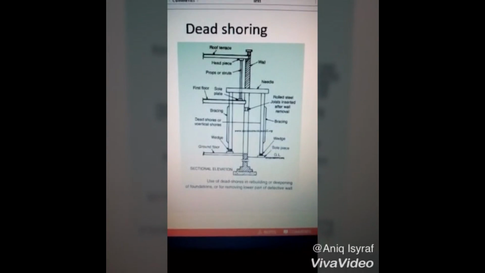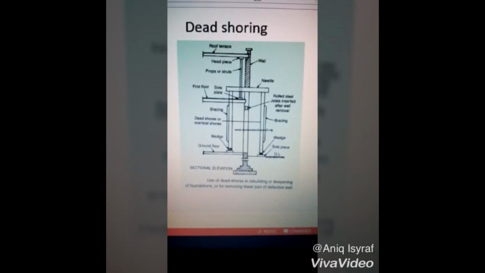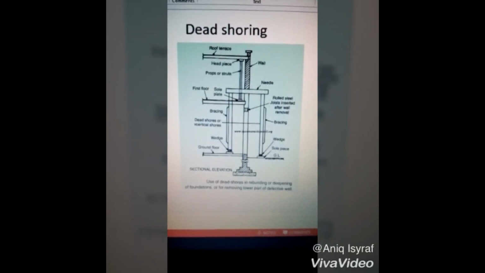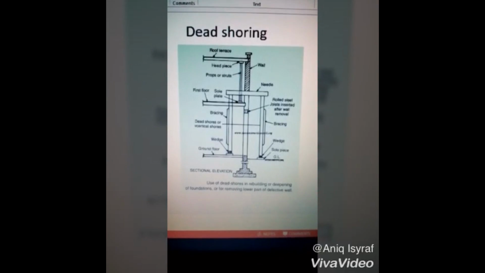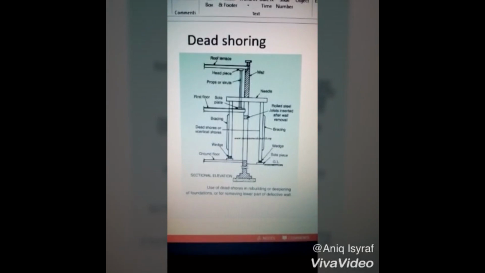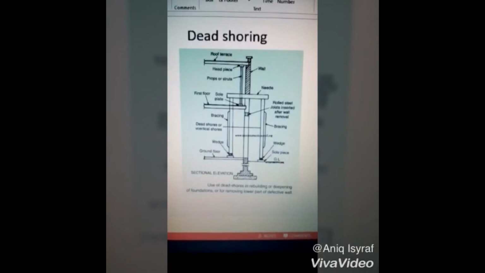The purpose of deck shoring is to support loads acting vertically downwards. The usual arrangement is to use two props connected over their heads by a horizontal beam or needle. That's all.